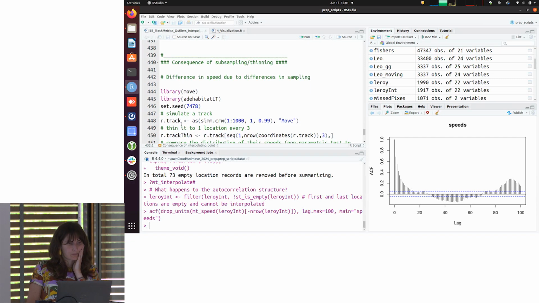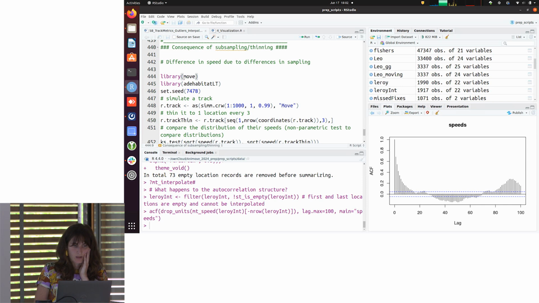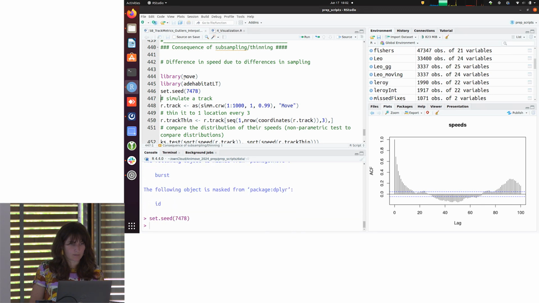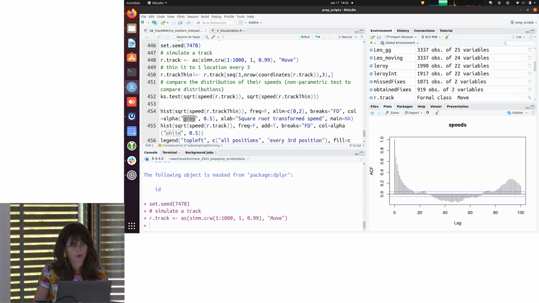Here just a brief example before we are done about what happens with thinning or subsampling. We are using, in this case, a simulated trajectory. We are simulating a correlated random walk of 1,000 steps, and with the 0.99, I think this is the correlation in azimuth.